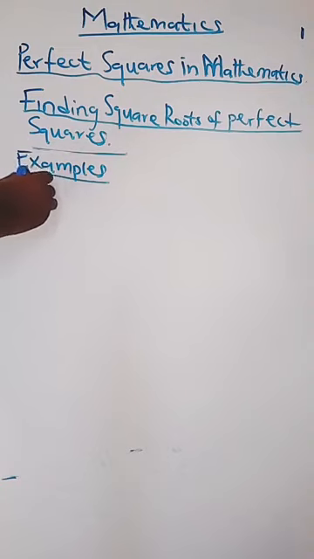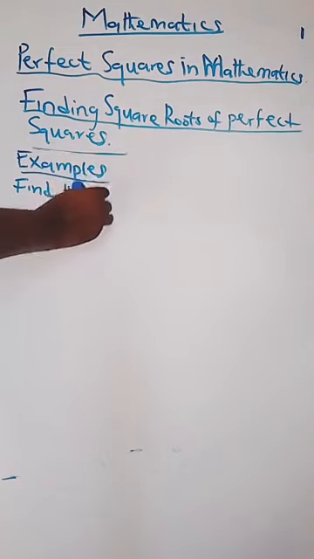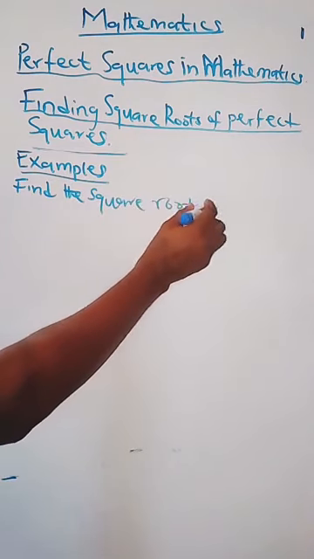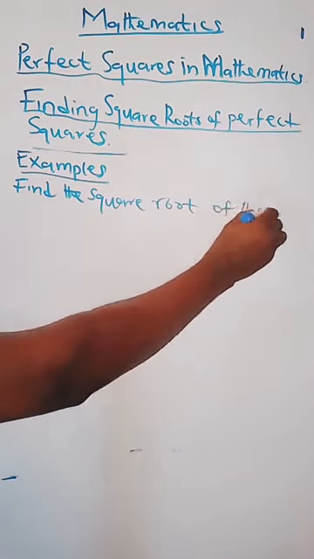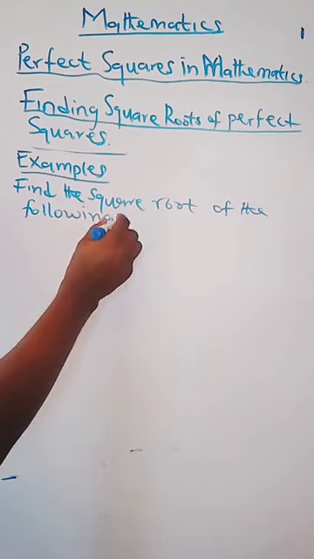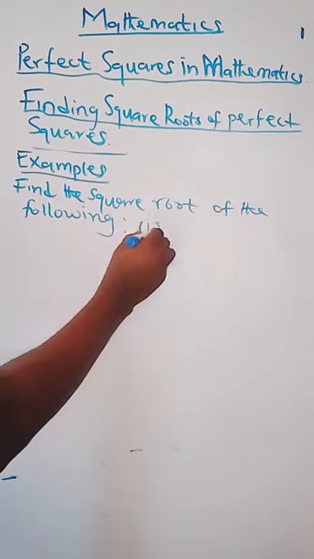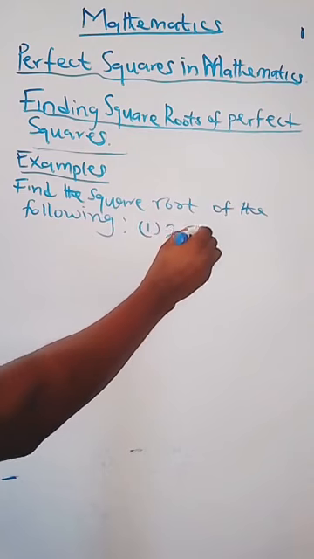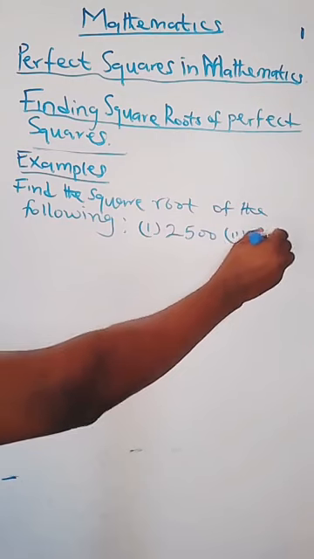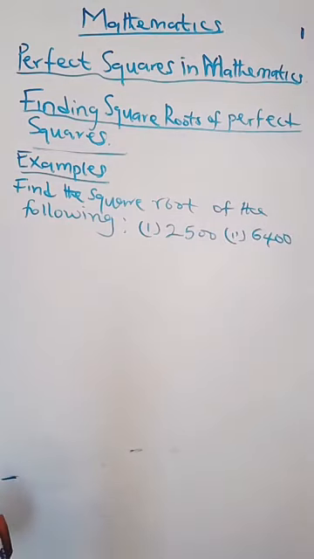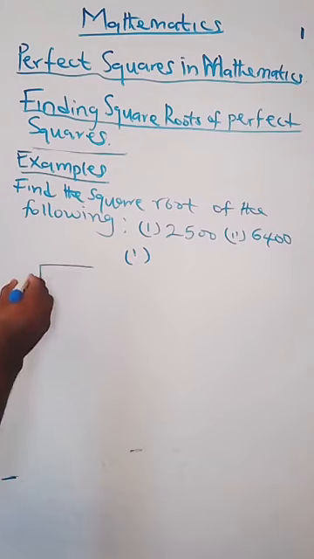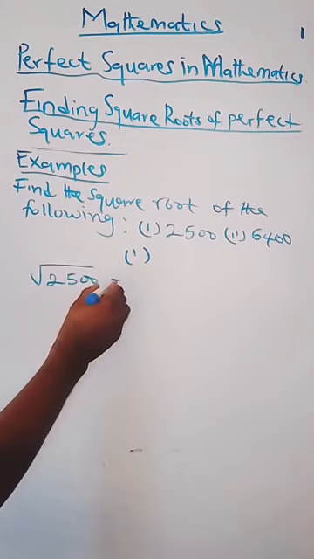Find the square root of the following. 1. 2,500. 2. 6,400. Let's start with 1. 2,500. Square root of 2,500.